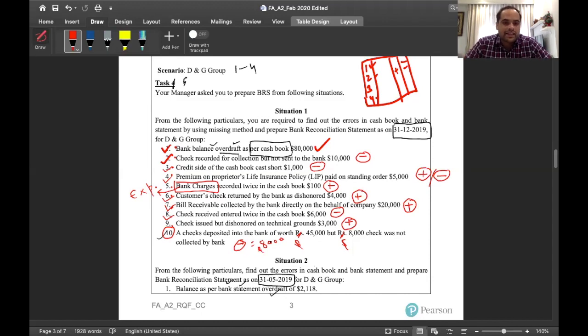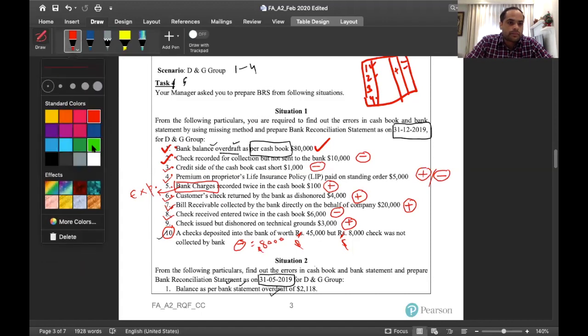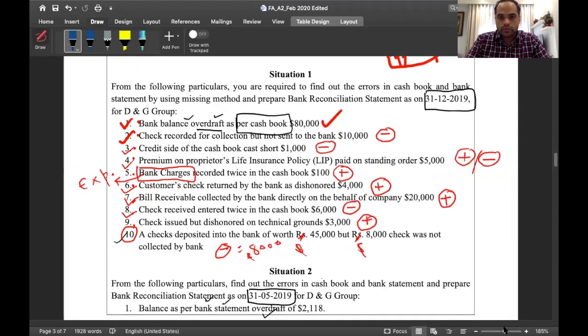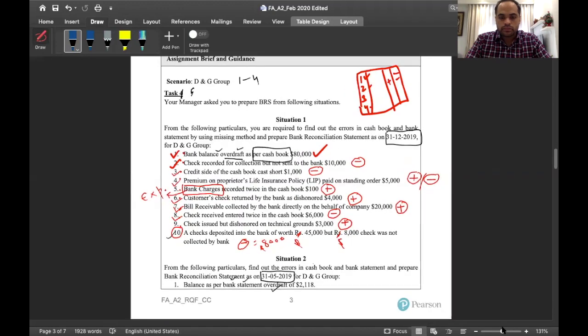So let's check. Okay. So make sure you're writing in your bank reconciliation columns. The first one is bank balance overdraft.